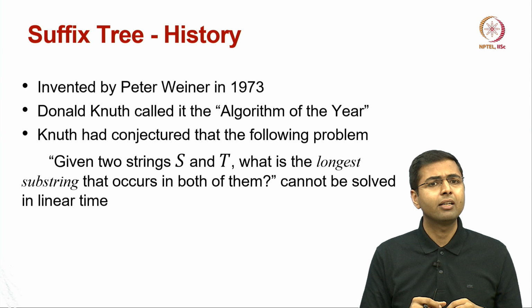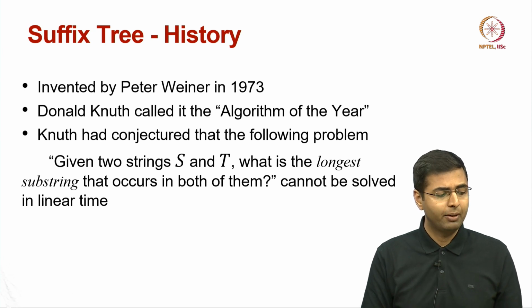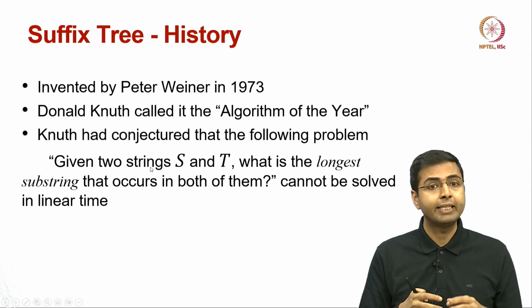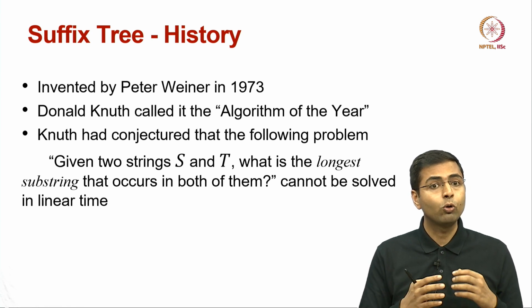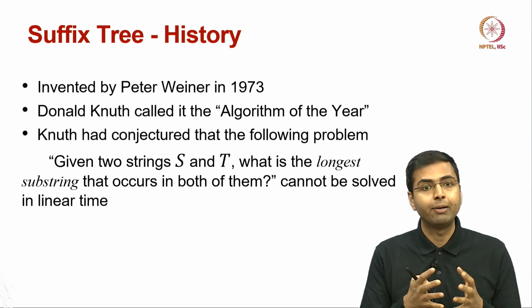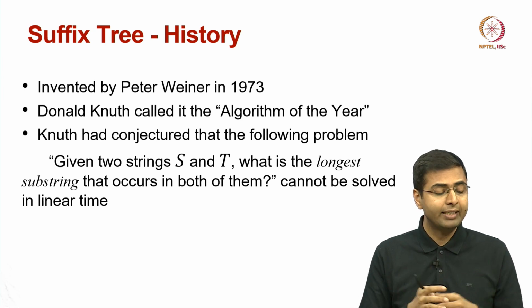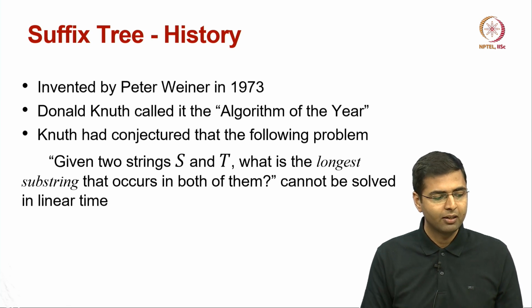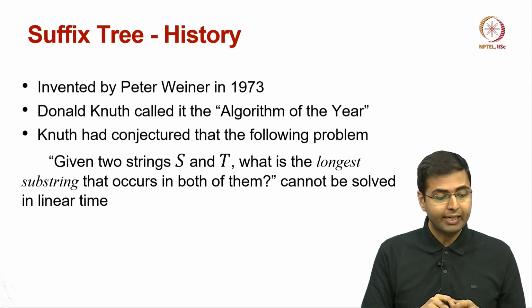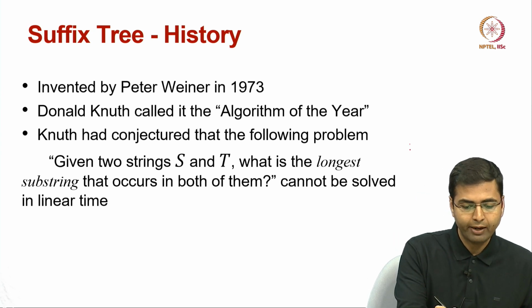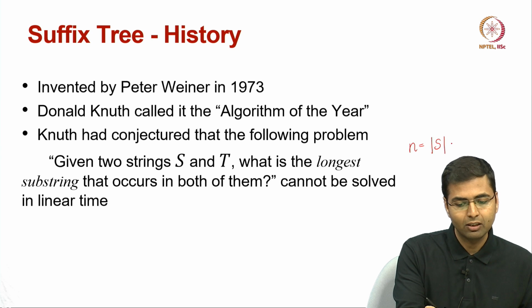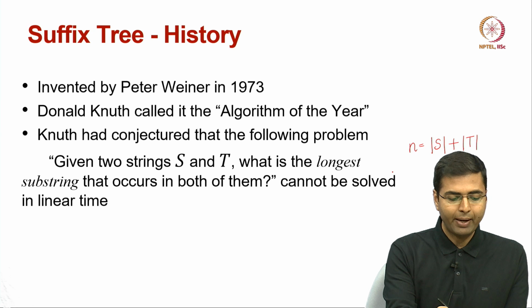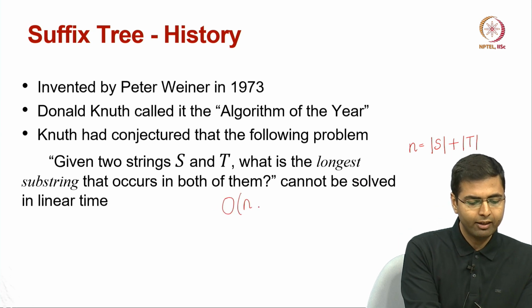The reason it was given such high importance was that previously it was conjectured that this simple problem cannot be solved in linear time: given two strings s and t, find the longest substring that occurs in both of them. If n is the sum of the lengths of both strings, the best known algorithm at the time was order n log n.